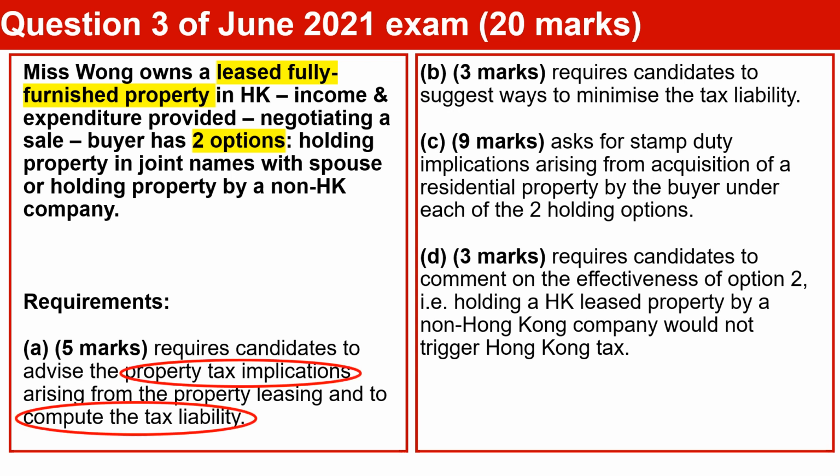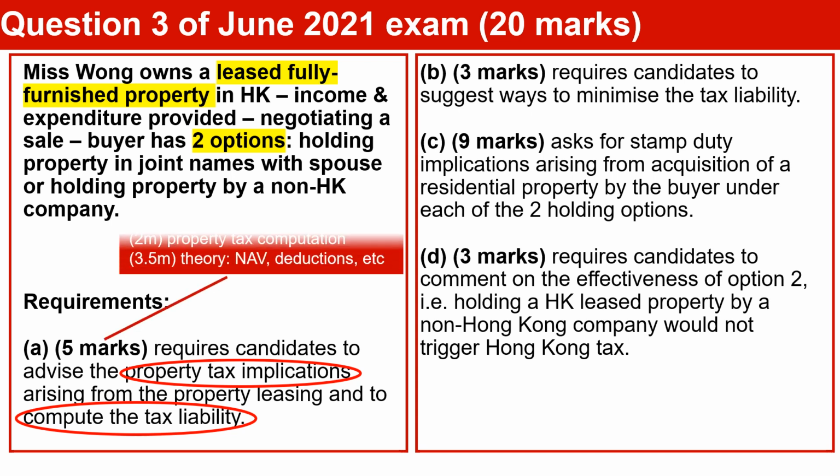Requirement A of 5 marks asked for property tax implications as well as the tax liability. As this is an ATX paper, you should not expect all the 5 marks to be allocated to the property tax computation. We expect you to spend some time to explain the theory and the law.